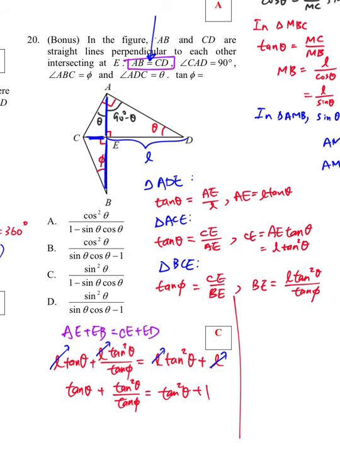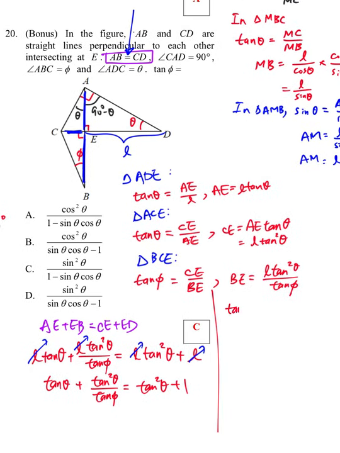And let's do this quickly. You want tangent phi to be the subject of the formula, and therefore you will let tangent squared theta over tangent phi stand alone on the left hand side, and obtain tangent phi equals tan squared theta over that bunch of things.